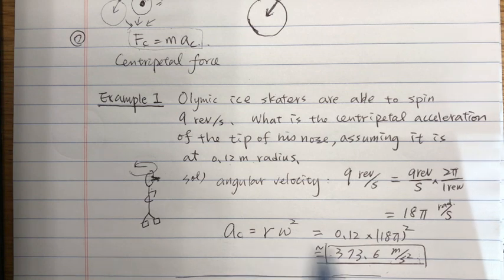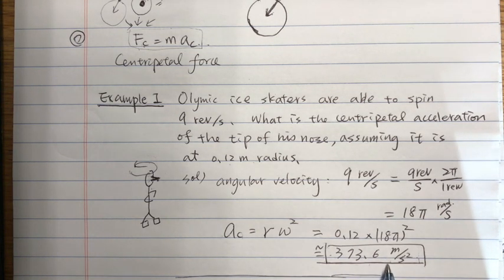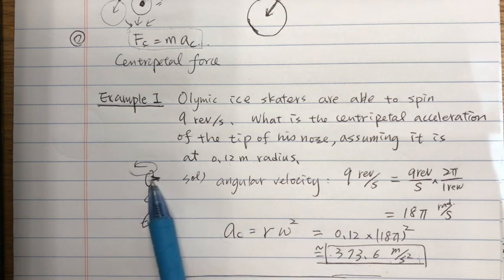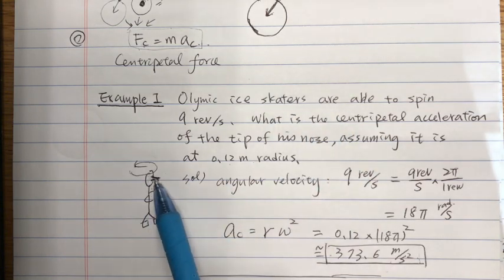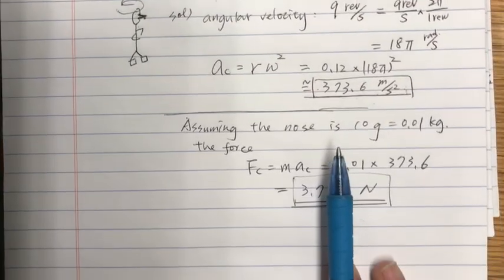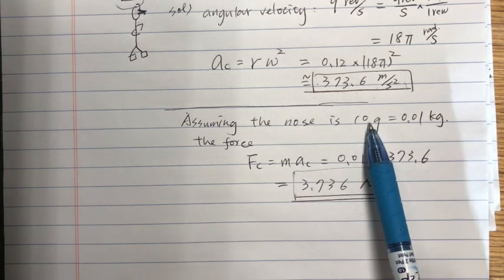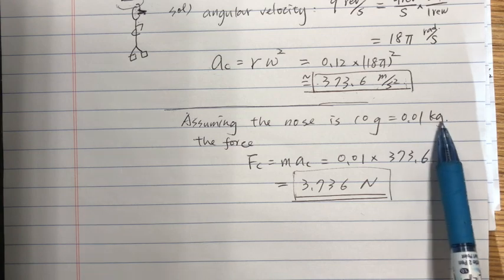This acceleration is pretty large. It's almost 40 times greater than the gravitational acceleration. If we want to know how much force the ice skater's nose will experience while he is rotating, then we can make an assumption. Say the nose is roughly 10 grams, which is 0.01 kilogram.